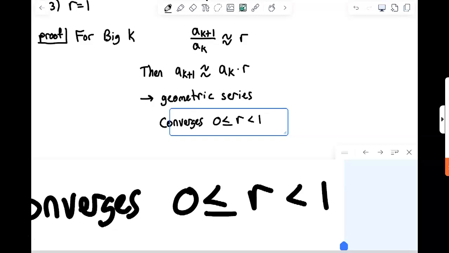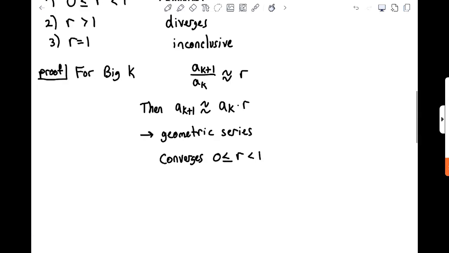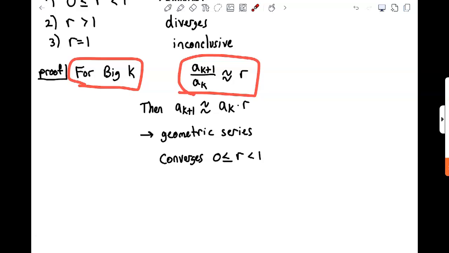And if it's anywhere between 0 and 1, by a geometric series, it converges. So that's the rough sketch of the proof. There are more details that need to be put in there.